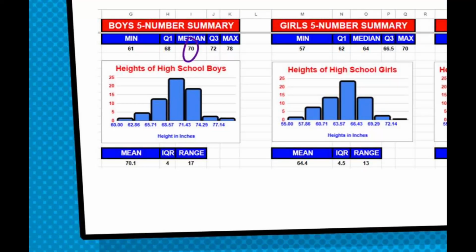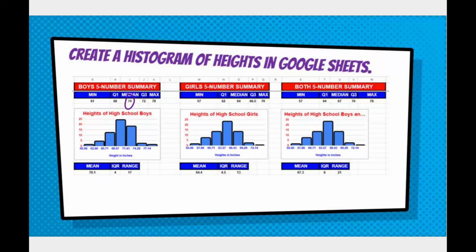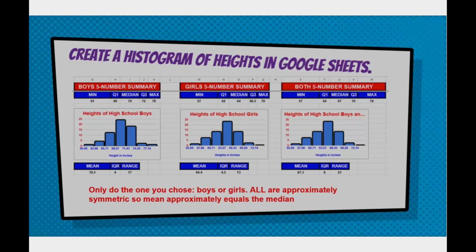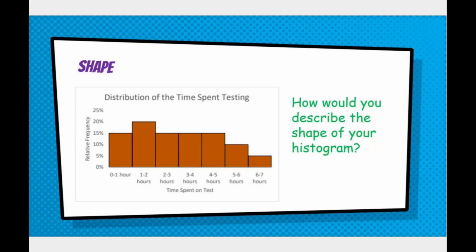I mean, 0.1 difference, 0.4 difference, 0.3 difference for this last one, and then look at the shape itself, right? So you should only be doing one of those.